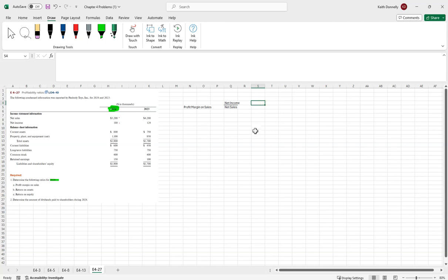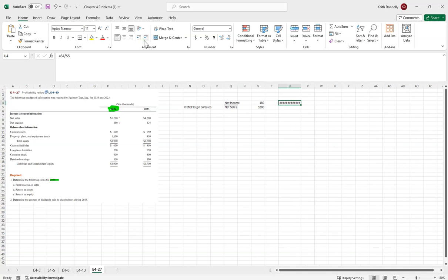We divide it, and we get 0.035. If we put that into a percent, you're looking at 3.5%.